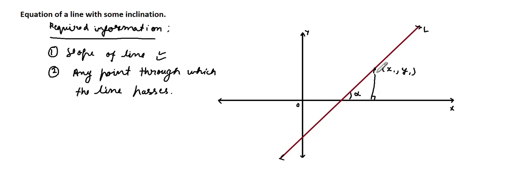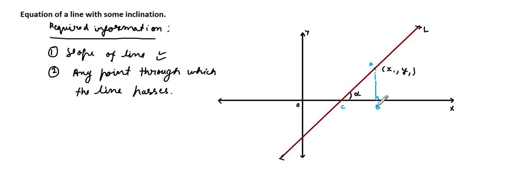Let me draw a perpendicular to it, and let this point be named A, this point B, and where the perpendicular meets be C. I'm drawing it again because it might create confusion. This is the construction: this point is A, this is B, and this is C.